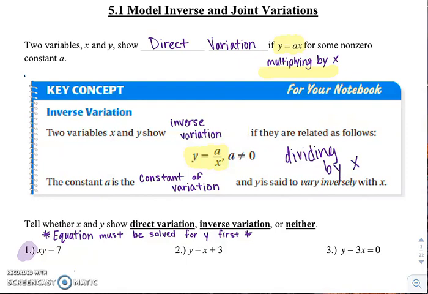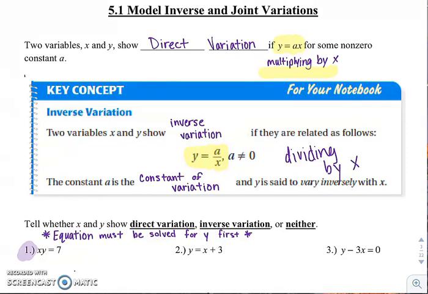But then if you did 3 divided by 5, or 3 divided by 8, or 3 divided by 9, it's going to get smaller and smaller as that denominator gets larger. So inverse is dividing by x, and your y value is actually getting smaller. Direct variation, you're multiplying by x, and your y value is getting larger.